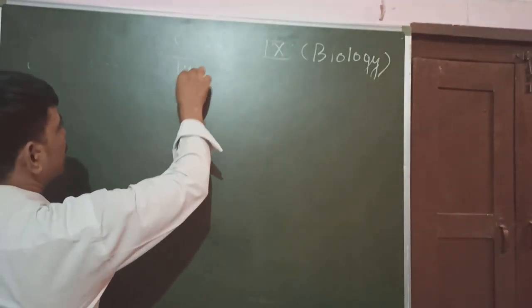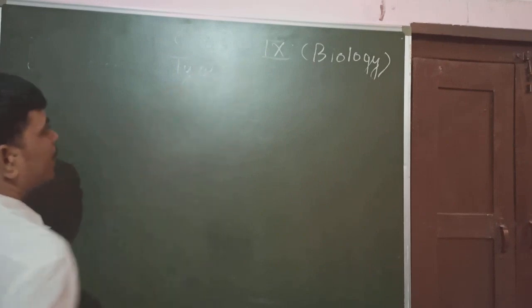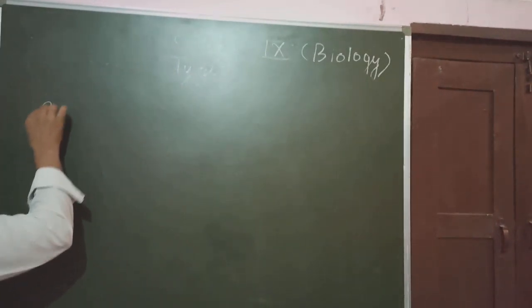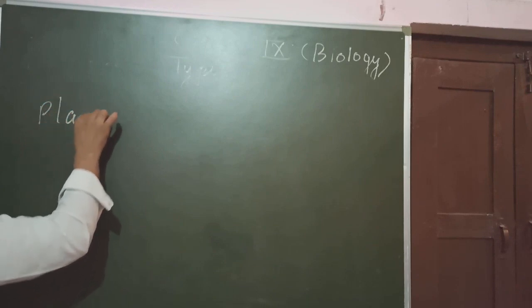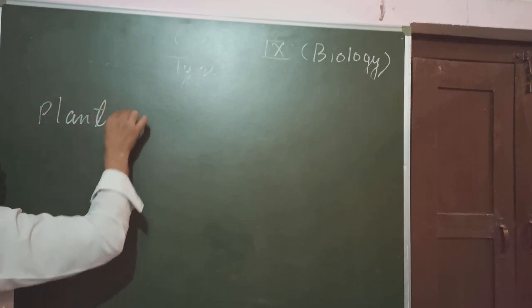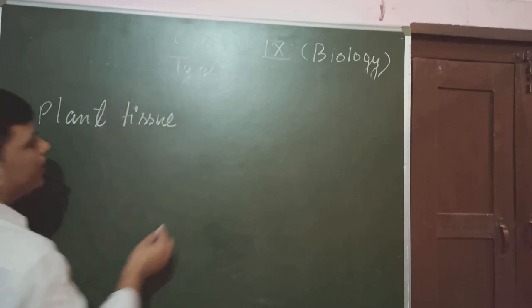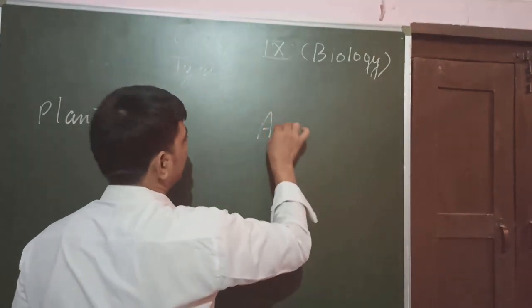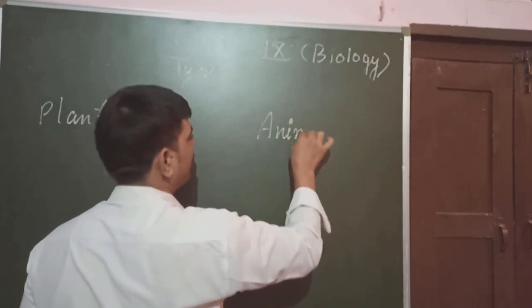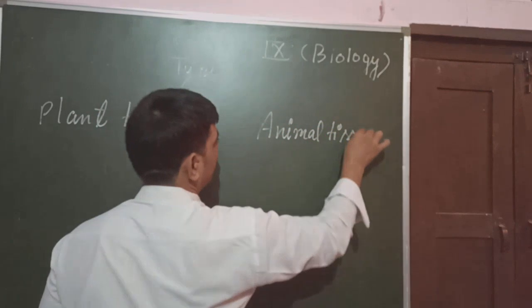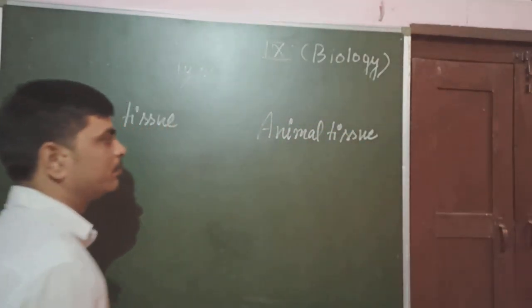Okay, how are they classified? So first of all, we can classify them into two broad categories, that is the plant tissue, and second category we can take animal tissue. Okay, animal tissue.